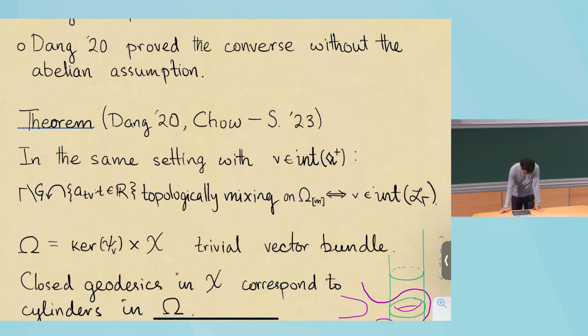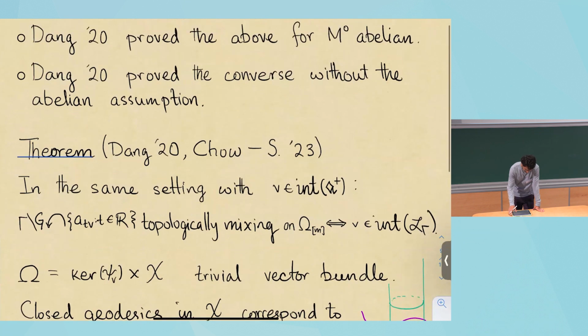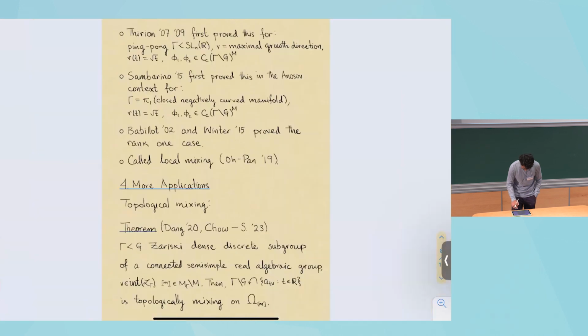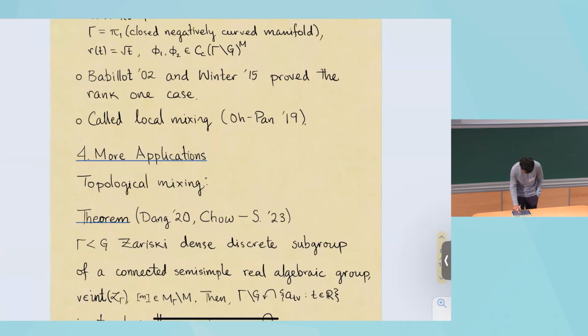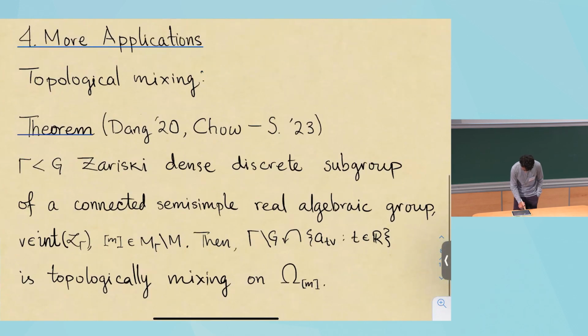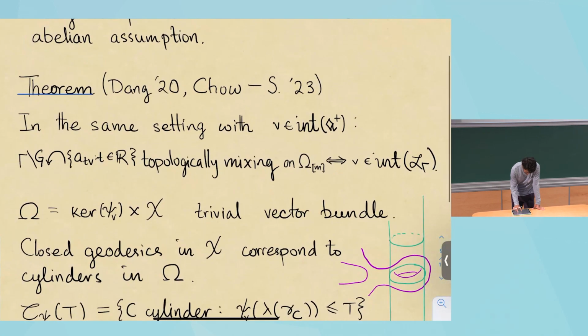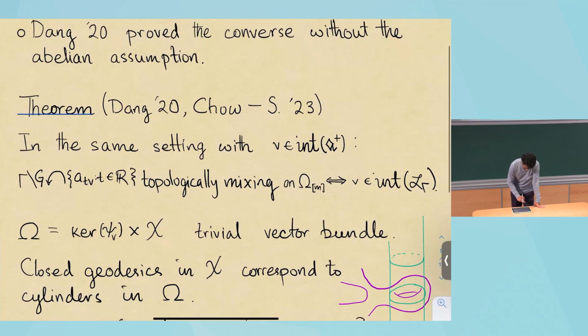And she also proved a converse, and the converse is without this abelian assumption. And what do I mean by converse? Well, you can think of this theorem as saying if v is inside the limit cone, then you get topological mixing. So if you put the converse together with the previous theorem, then you get a nice if and only if statement.